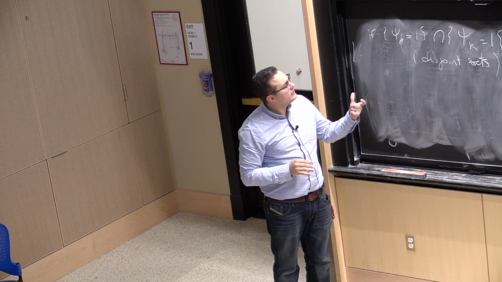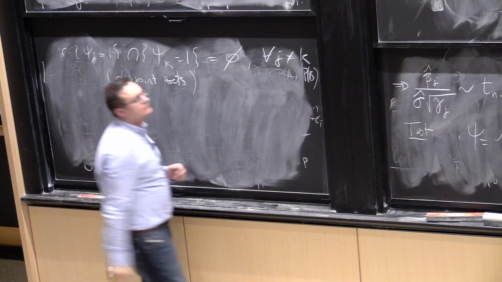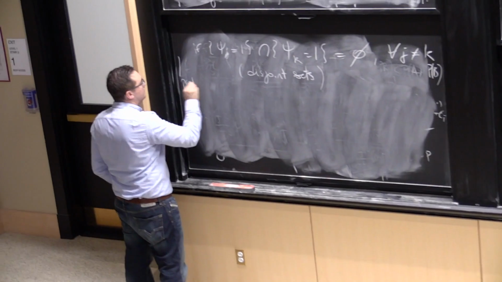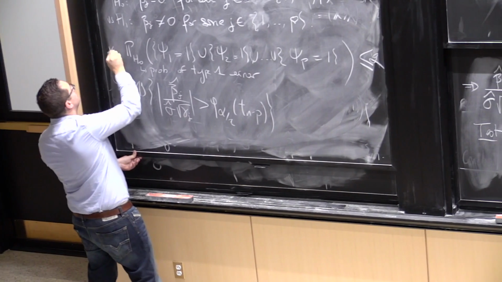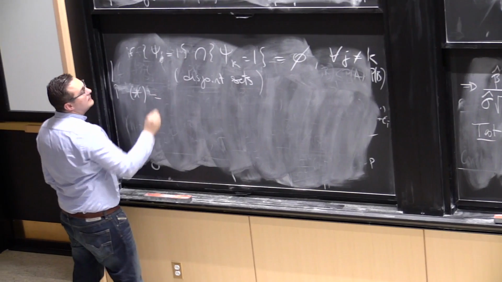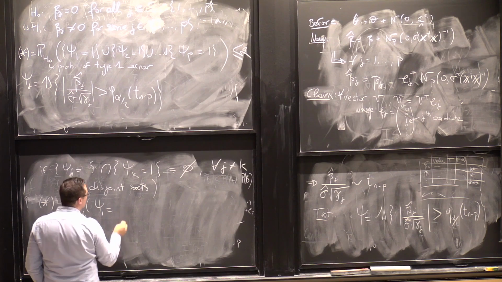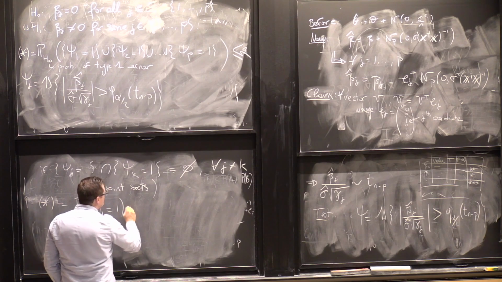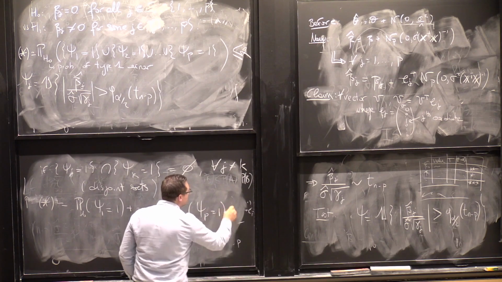So if those sets are disjoint for all j different from k, then this probability, well, let me write it as star, then star is equal to the probability under H0 that psi 1 is equal to 1 plus the probability under H0 that psi p is equal to 1.